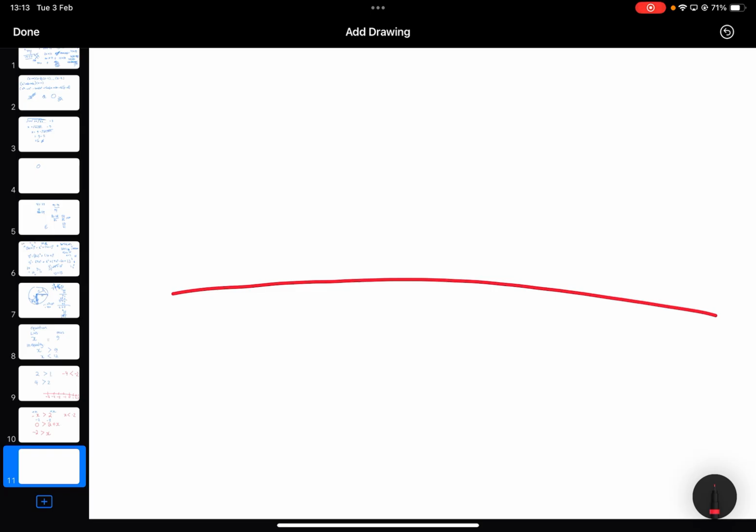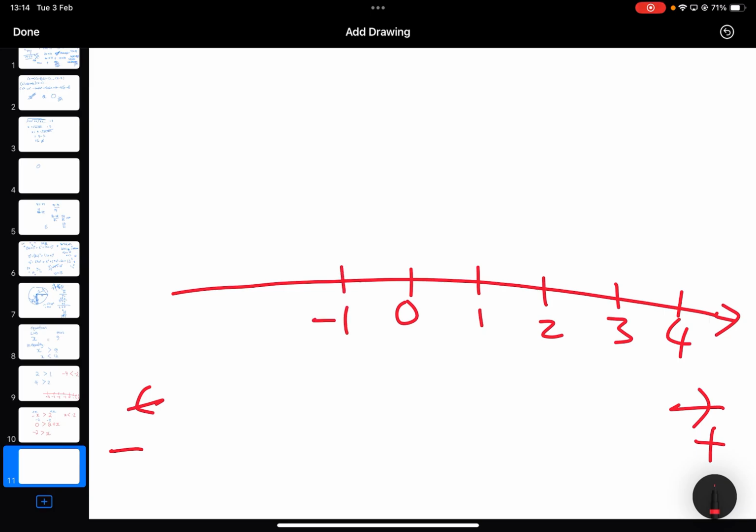Then on our number line, when we go to the right, it is going bigger and bigger. When we go to the left, it's going smaller and smaller, or negative. Okay? So if we put the middle at 0, then I can have 1, 2, 3, 4. Going to the right is getting bigger and bigger. Then if I go to the left, it's getting smaller and smaller. It can be negative 1, negative 2.